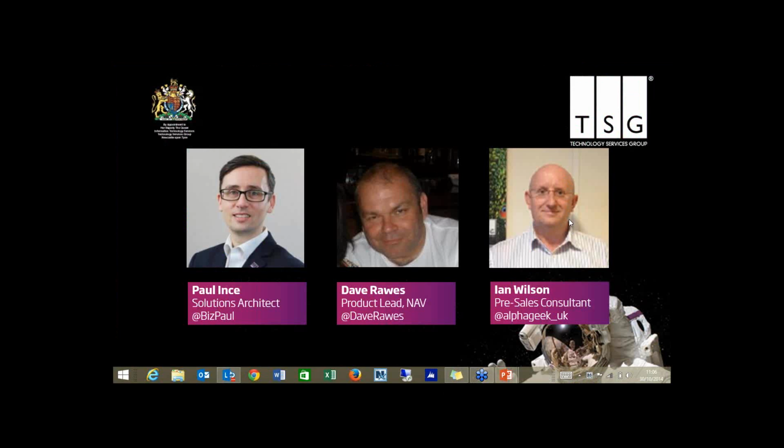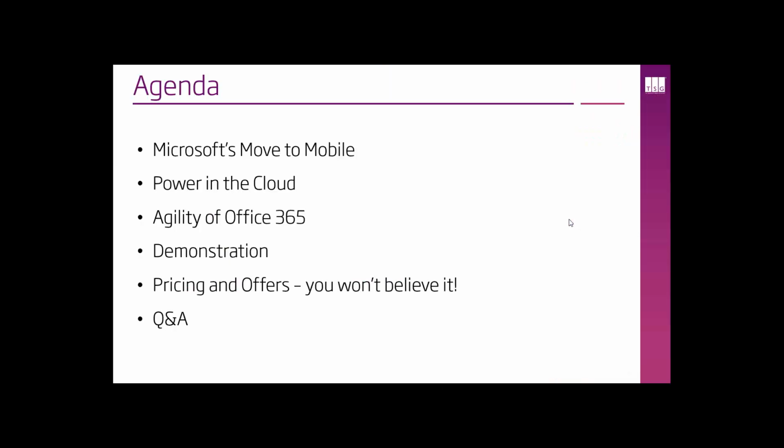So in terms of what we're going to cover today, perhaps the most radical new feature of NAV 2015 is the new tablet client, which really allows you to become that flexible worker that you always wanted to be. We'll talk about Microsoft's strategy both here and in the transition to the cloud. We'll look at that in terms of cloud power, but also how integrating NAV with Office 365 can bring real business benefit to you, because that's obviously important.